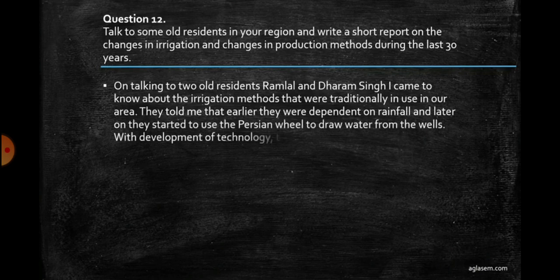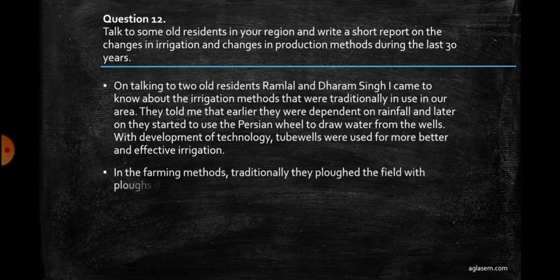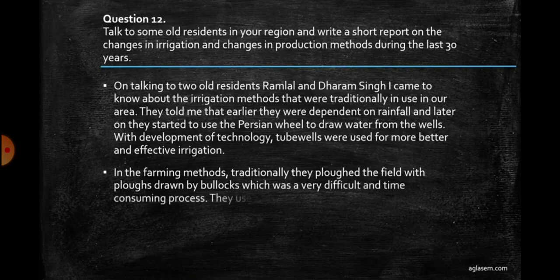With the development of technology, tubewells were used for better and more effective irrigation. In the farming methods, traditionally they plowed the fields with plows drawn by bullocks, which was a very difficult and time consuming process. They used ordinary seeds and cow dung manure for fertilization.